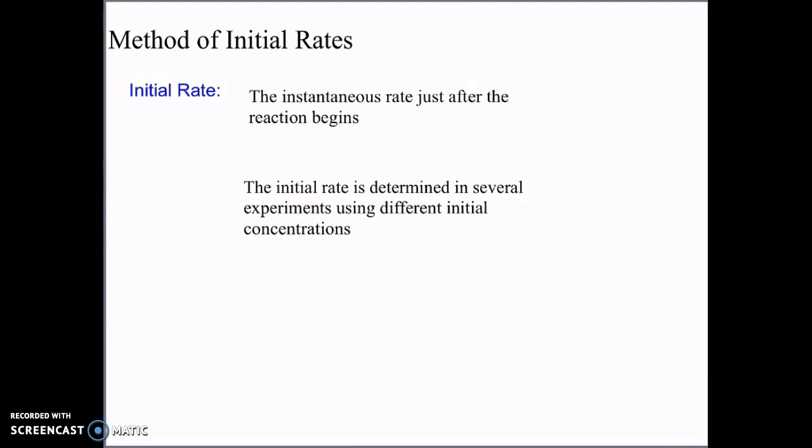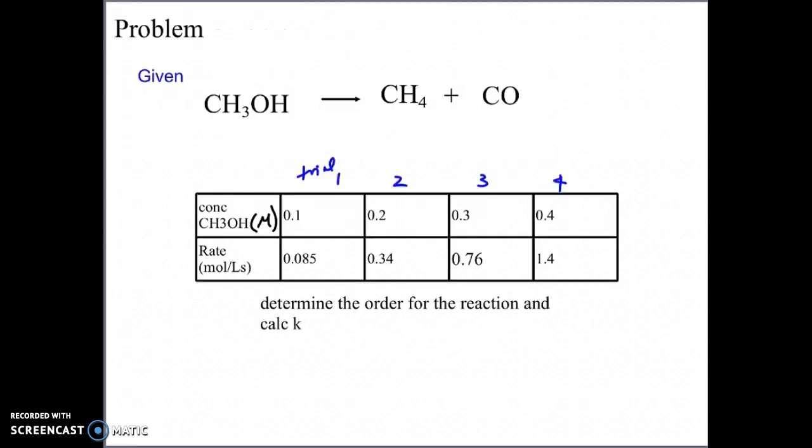What we do is we determine several initial rates using several experiments with altering, as you can see here, the concentrations. Okay, so let's take a look at what an example problem could look like.